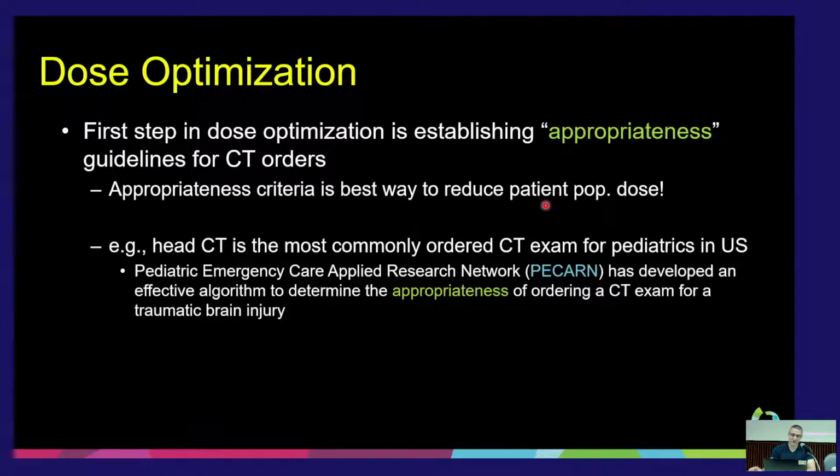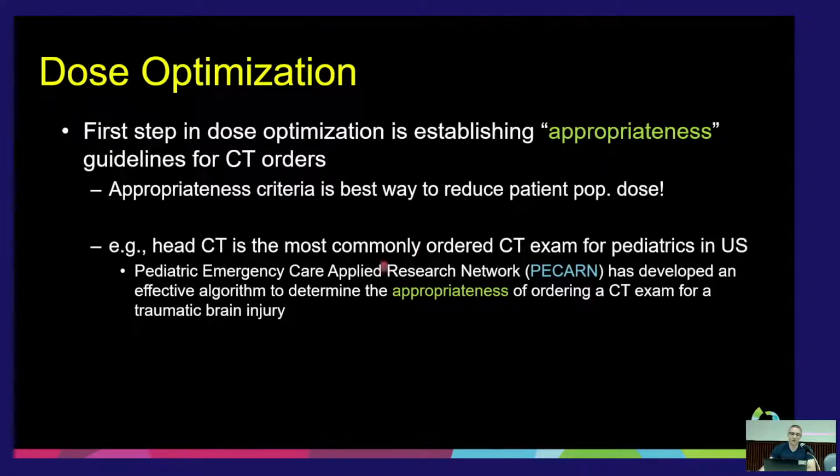One example of that, in the US, we have what's called PECARN, the Pediatric Emergency Care Applied Research Network. And they've basically developed this algorithm to determine when we should give a CT of the head, or I should more specifically say CT of the brain, when there is, say, traumatic brain injury, or maybe the baby or a kid hits their head.